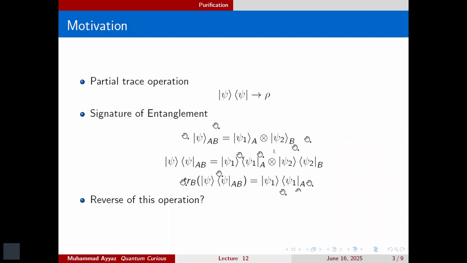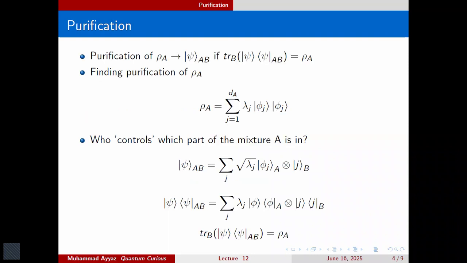We have seen how the partial trace operation works and how we can calculate the reduced state from this operation. We want to know whether a reverse of this operation exists. In other words, can we calculate the larger state, the pure state of the system, by only having the knowledge of the reduced state? The answer is yes, and the answer is in the form of purification.